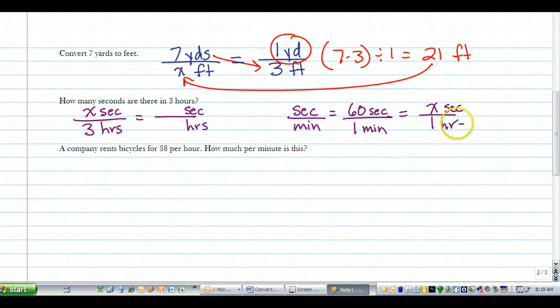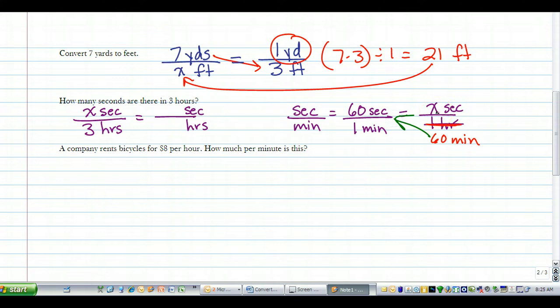So we can change this. Let's use red. We can change this now to 60 minutes. Okay. So we want to now figure out how many seconds is that. And now I'm ready to crisscross multiply, divide by the lonely guy. Because I've got minutes across, seconds on top.